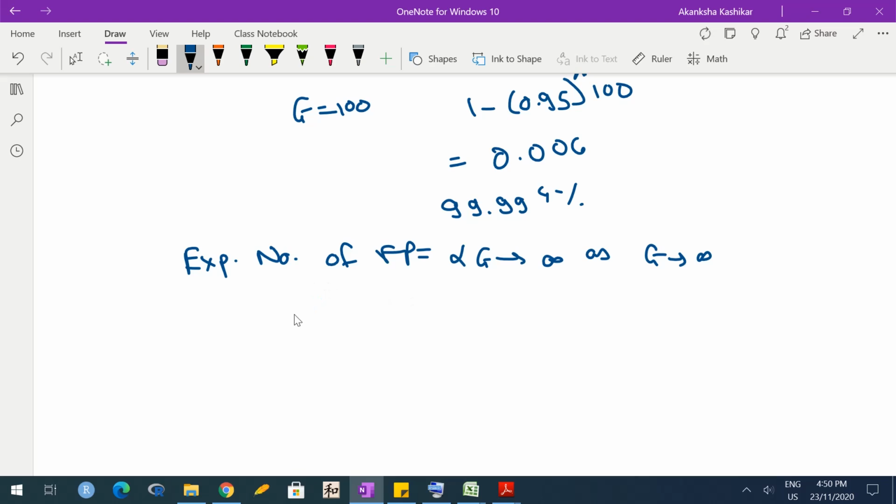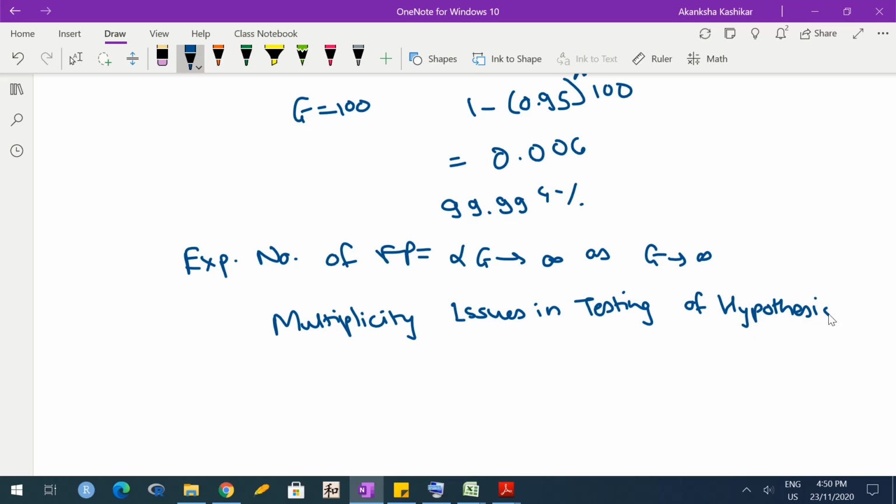So these two things tell me that there is a serious problem when we carry out multiple tests of hypothesis simultaneously. These are known as multiplicity issues in testing of hypothesis. So we need some way of dealing with these issues.